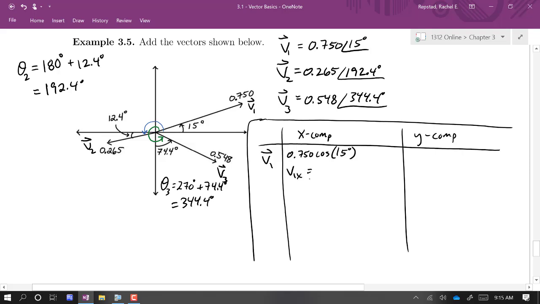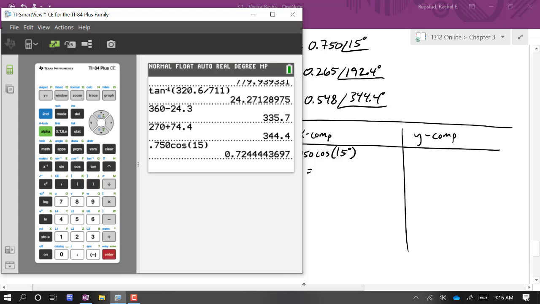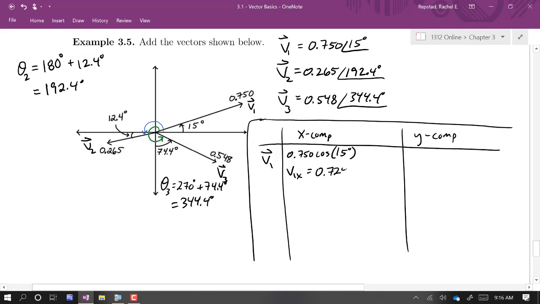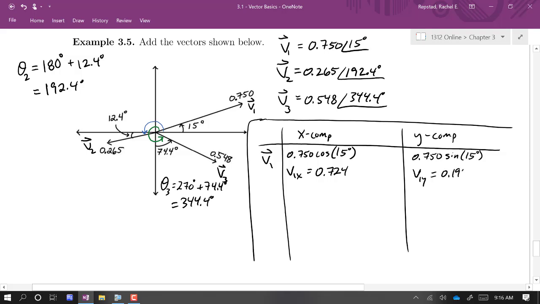So V1x is 0.724. The y component is 0.750 sine of 15 degrees. So V1y is 0.194, and those are the components for V1.